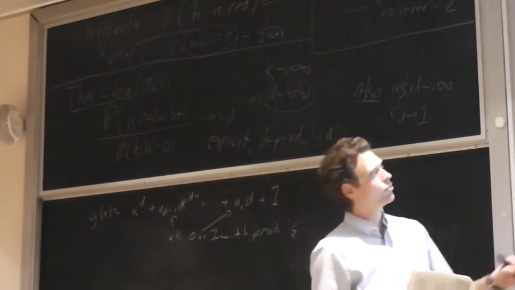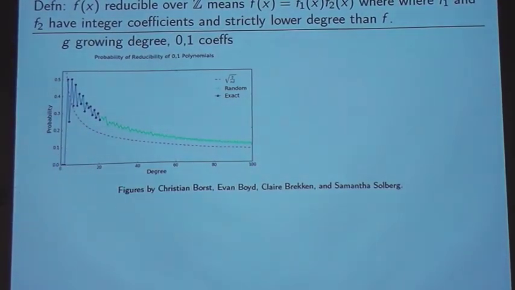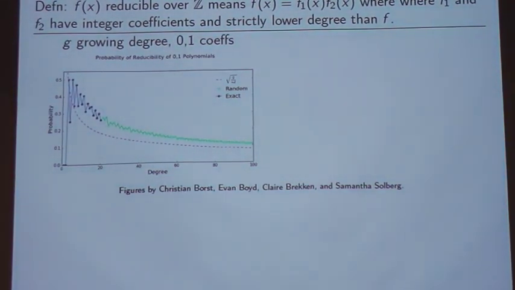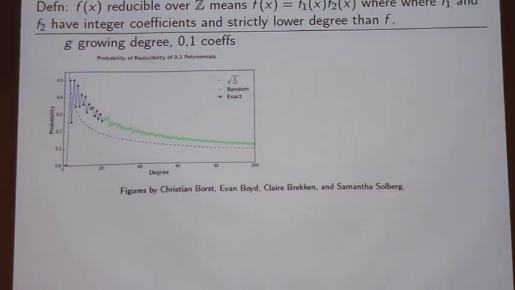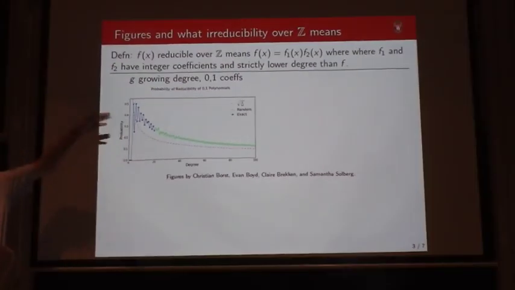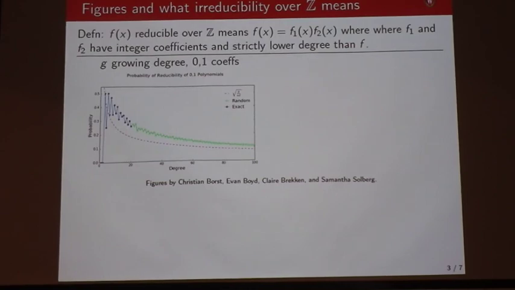So for the small cases, up to degree 21, the computer system was enough that they could compute the probability exactly and do a complete count of all the polynomials, divide by the total, and have an answer here. And this dashed line is a lower bound.